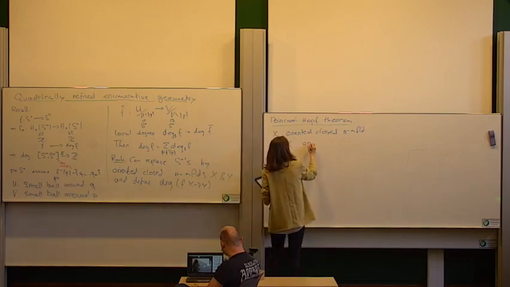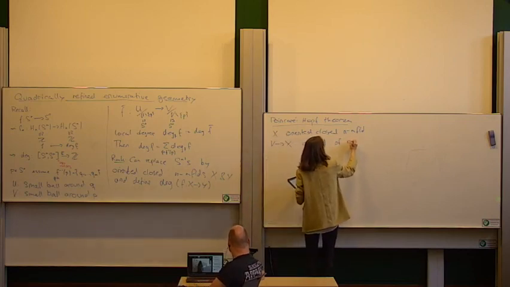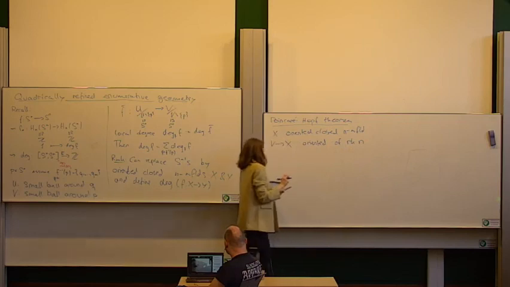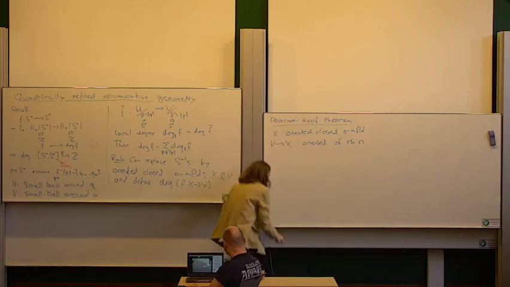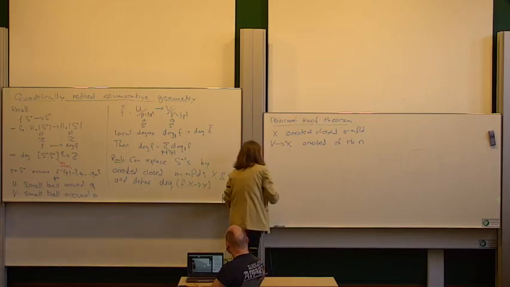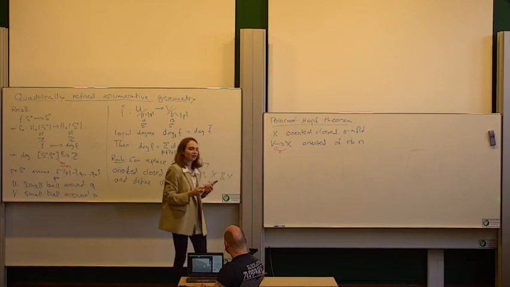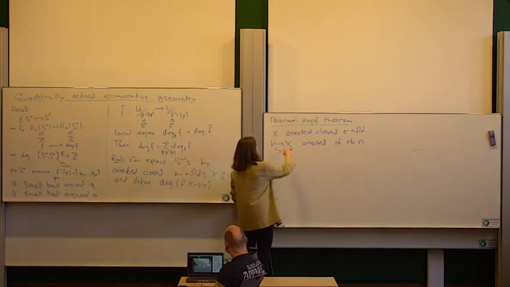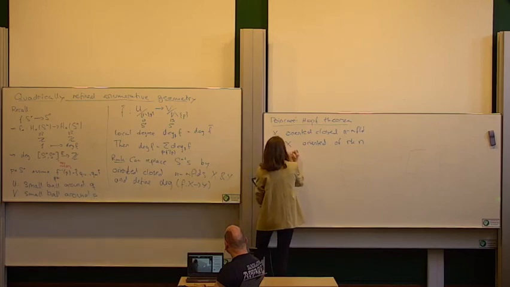I also want this to be oriented, of rank n, because then, if I take a general section, let's call it sigma, this will have finitely many zeros because the rank matches up with the dimension. So this is a general section.